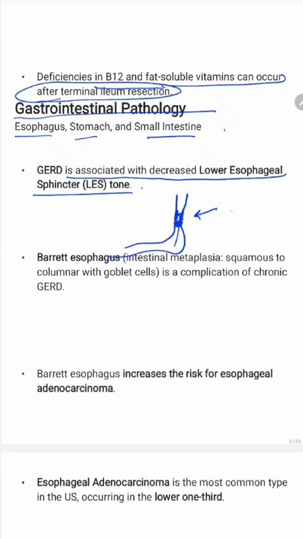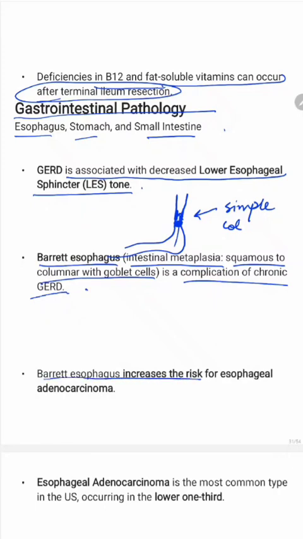But to cope with this acidity, it will convert its epithelium into simple columnar epithelium with goblet cells. This is metaplasia, and this condition is known as Barrett's esophagus. Barrett esophagus, intestinal metaplasia, squamous to columnar with goblet cells, is a complication of chronic GERD.